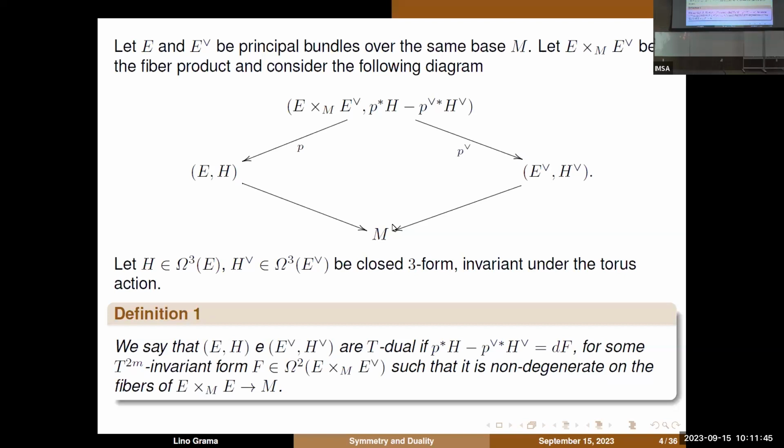The duality will happen if we have the pullback, for the projection p, of the three-form H on one side, and the projection p check in the dual, and then we pull back the three-forms and consider the fiber product space, which is a fiber bundle over the base M also. We declare this pair to be T-dual if this three-form on the big space is exact.